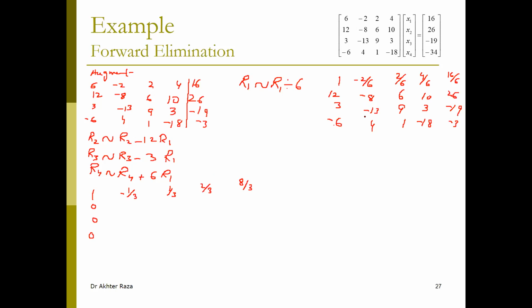It's quite simple. -8 minus 12 times R1. Here we have -2 by 6. So minus 1 by 3, or we can say it is -1 by 3, because -2 by 6 basically is -1 by 3. 3 4s are 12.